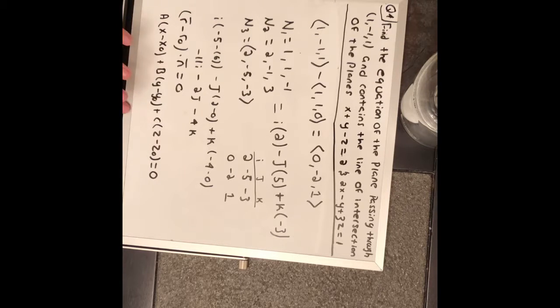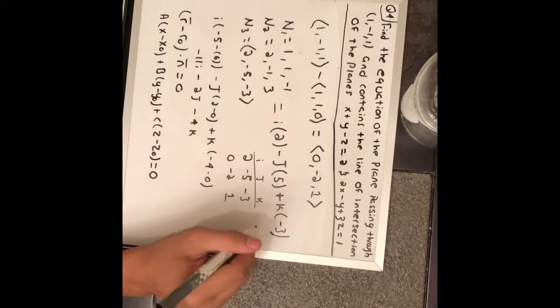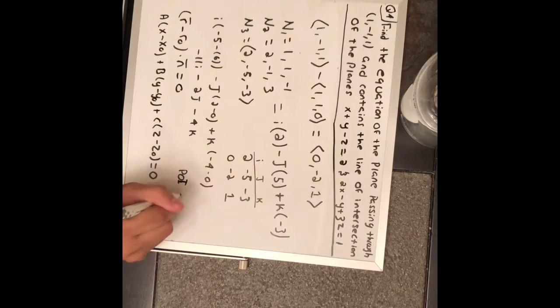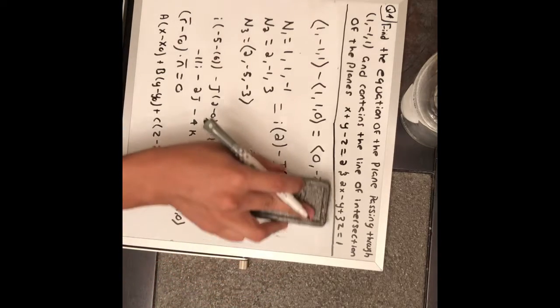Our x, y, and z naught components come from the point of intersection, which, if you recall, is (1, 1, 0).